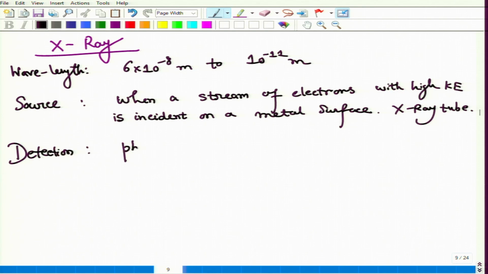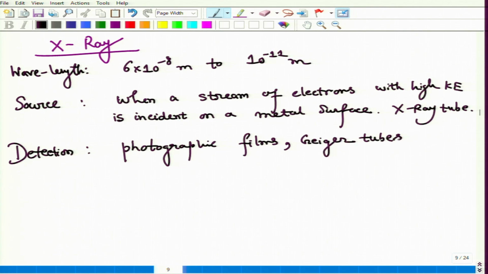Detection is also in photographic plates, Geiger tubes, ionization chamber. Okay, so these are the detection methods of X-ray.